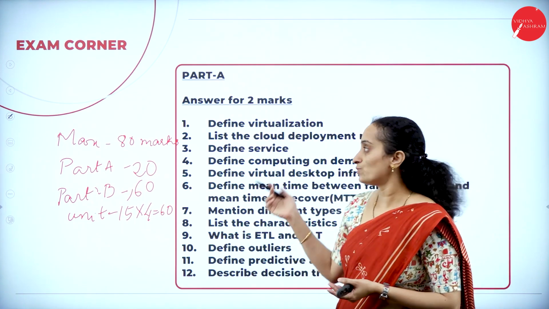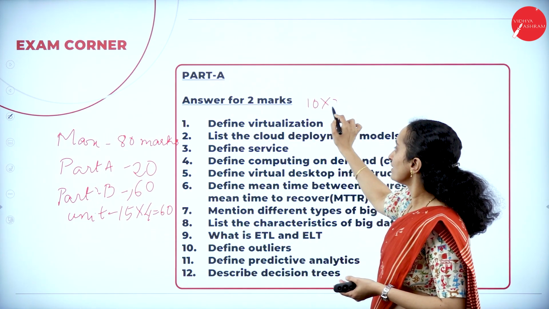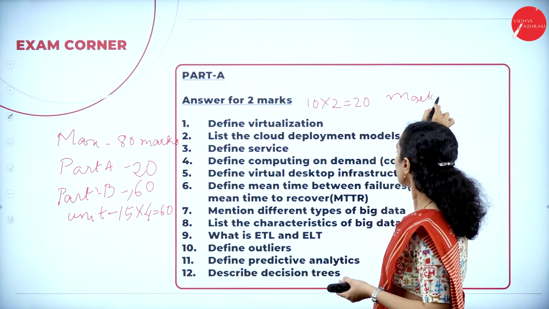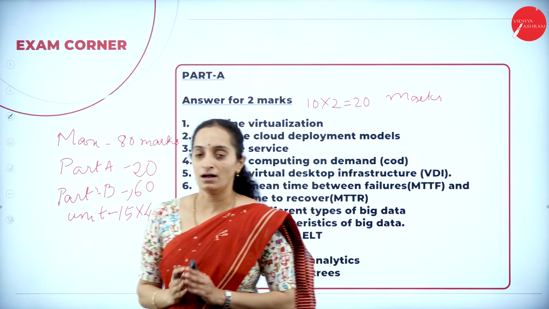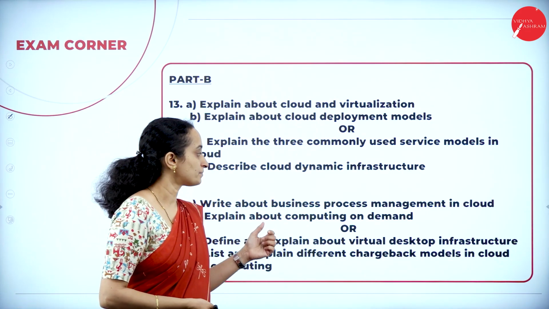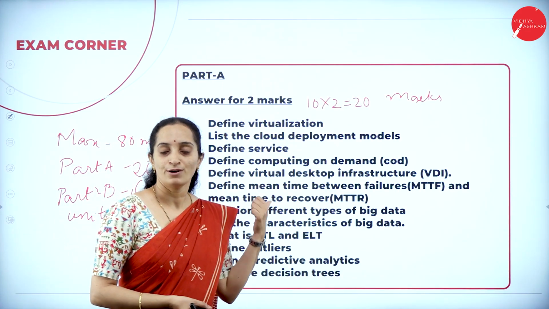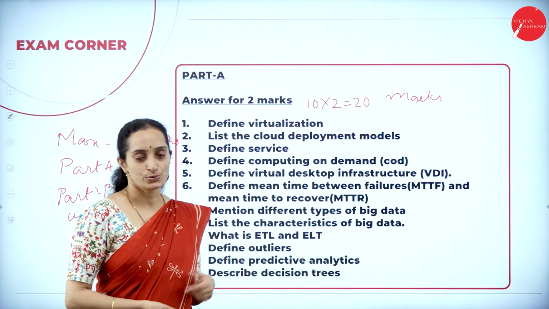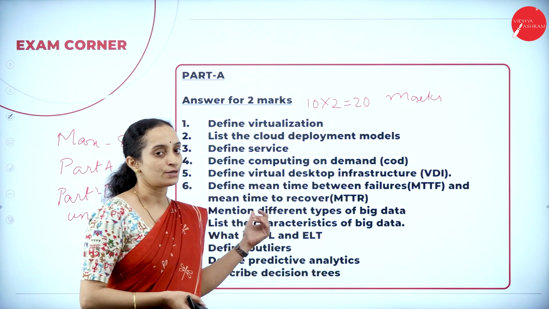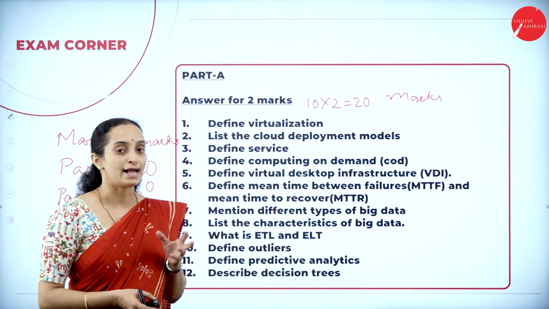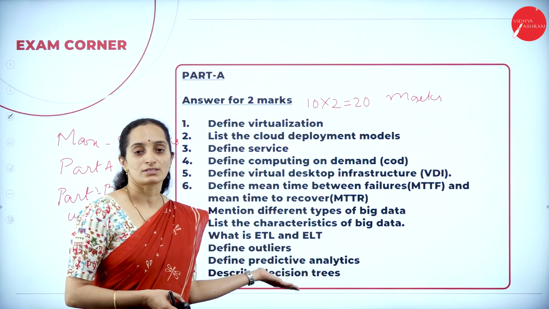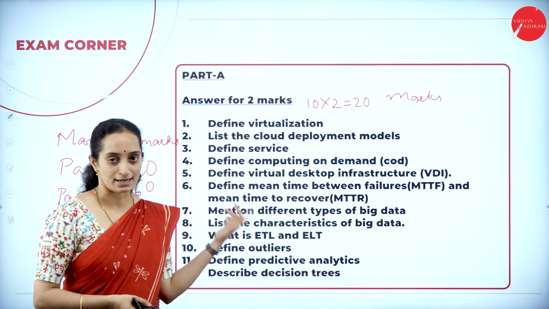Any 10 you can choose, which carries 10 into 2, that is 20 marks. If you write the correct answer for each question, you will get 20 marks. It is a little bit easier than the descriptive one. So try to answer these questions as much as possible. Maximum 10 it is, so try to attend all the 10 questions.